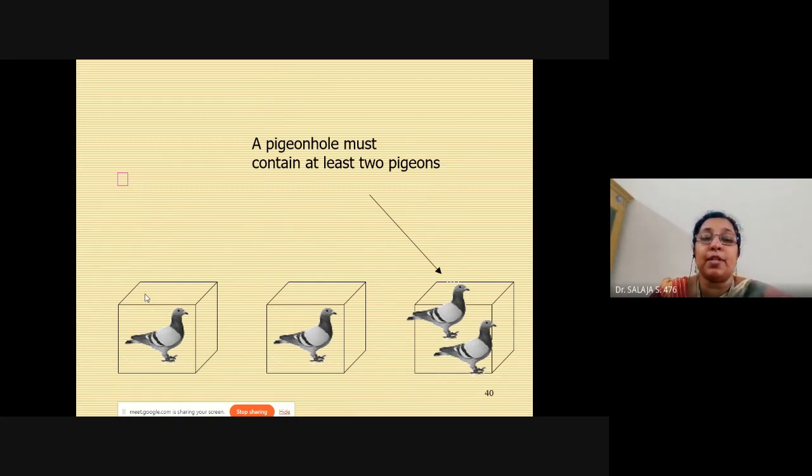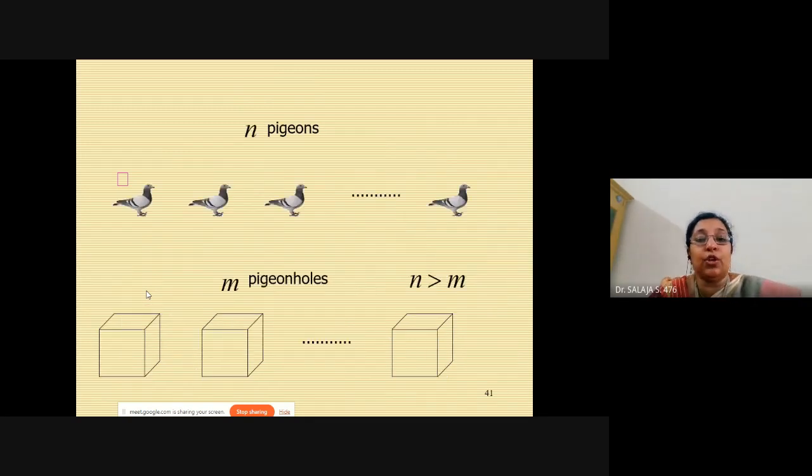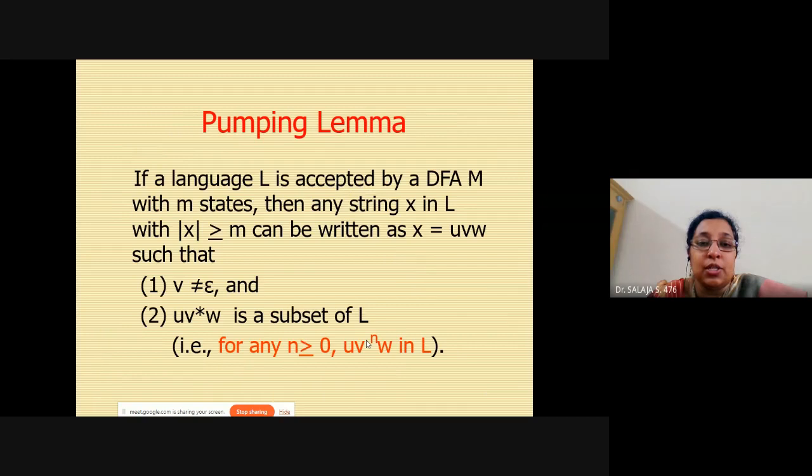Now the pigeonhole principle is used in the pumping lemma concept. So how do I do it? There are n pigeons and m pigeonholes, n has to be greater than m, and they have to be accommodated in the m pigeonholes. That is where you have the condition.